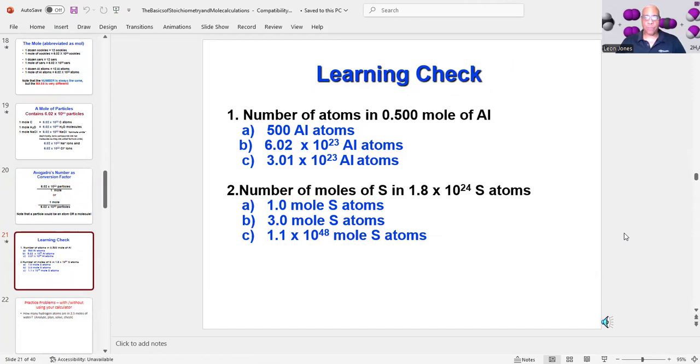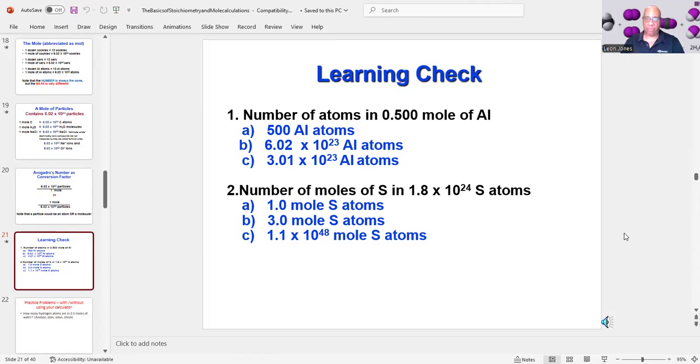All right, learning check. Number of atoms in 0.500 moles of aluminum. Number of moles of S in 1.8 times 10 to the 24 sulfur atoms. Now, what is S? S is sulfur. What if you smell sulfur? Where does sulfur come from?